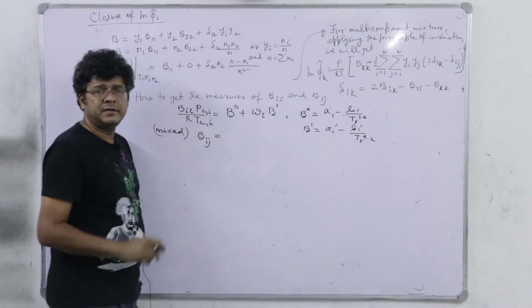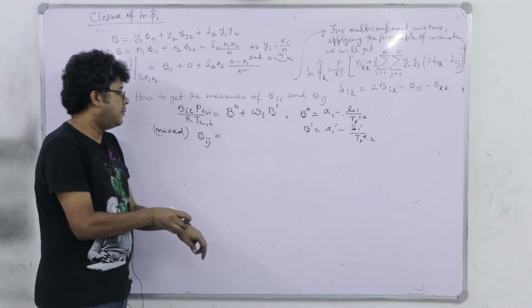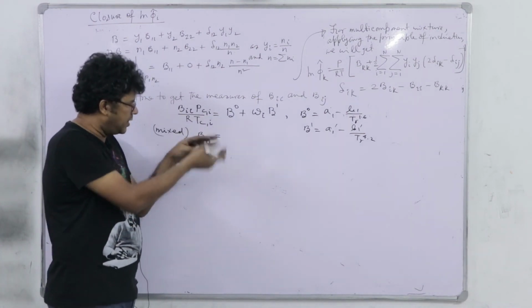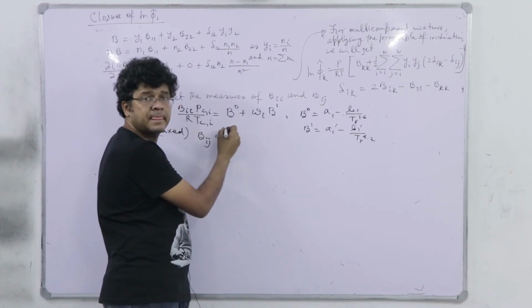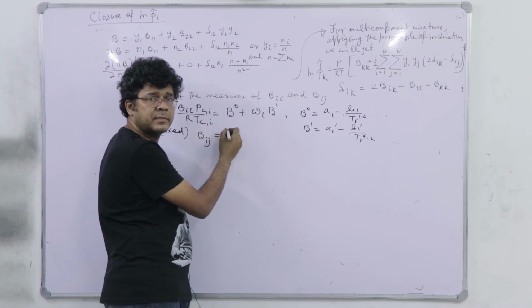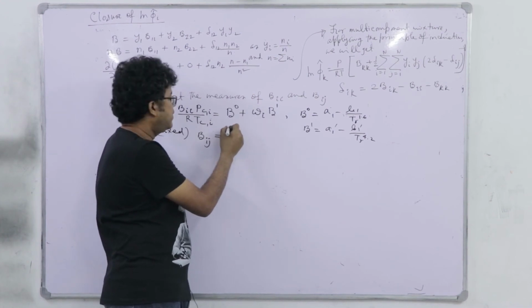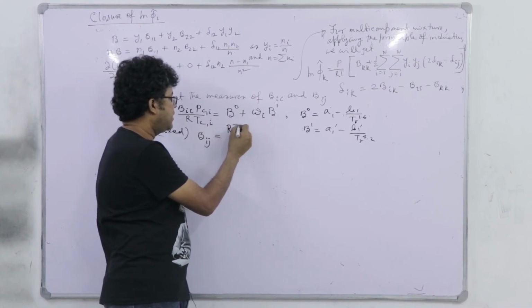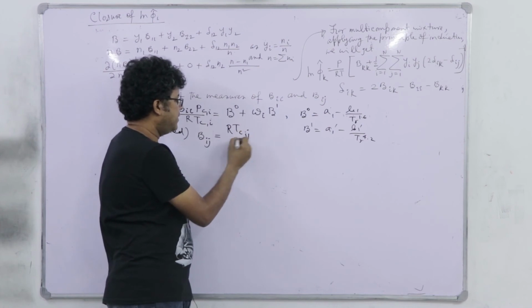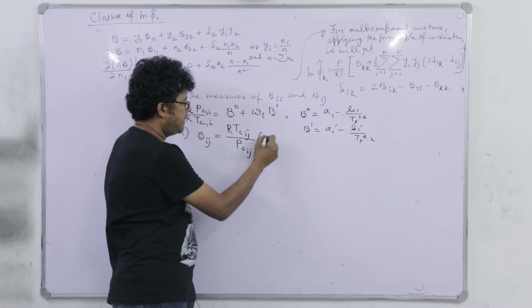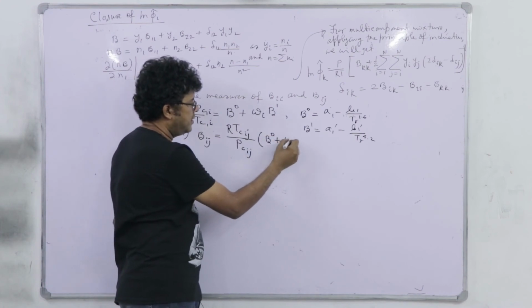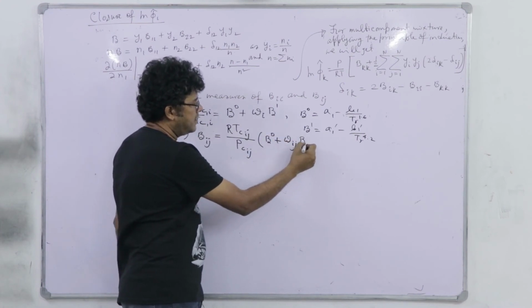So, Bij, by induction, by the similitude, it was suggested that it should be R TCij divided by PCij into B0 plus omega ij B1.